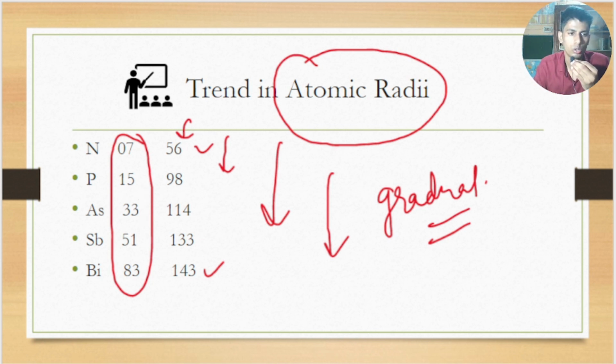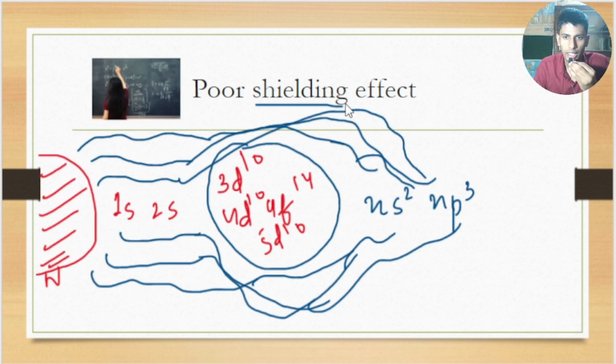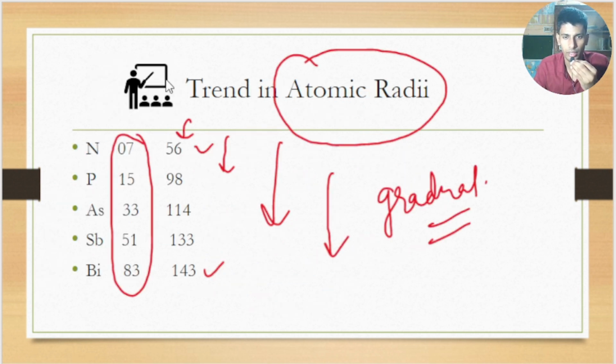Okay, so this is known as the poor shielding effect shown by d and f orbital electrons, not by d and f orbitals. The electrons which are present in the orbitals show the poor shielding effect. So this is one of the trends which we have studied, the trend in atomic radii.